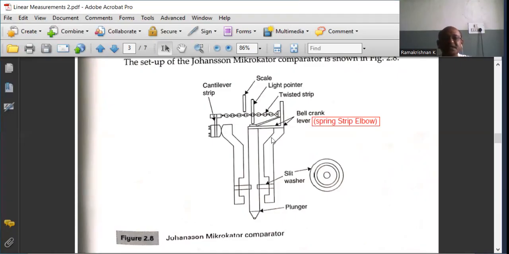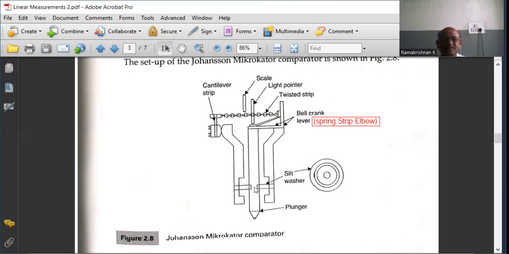One side of the spring strip elbow supports the plunger centrally. The plunger moves up and down through a slit washer. As shown in the diagram, the slit washer constrains the motion of the plunger to the vertical direction, up and down, and restricts its sideward movement.